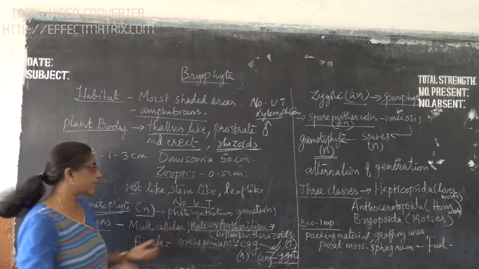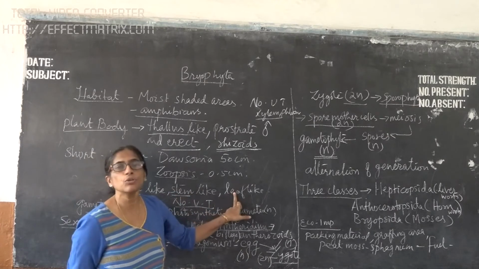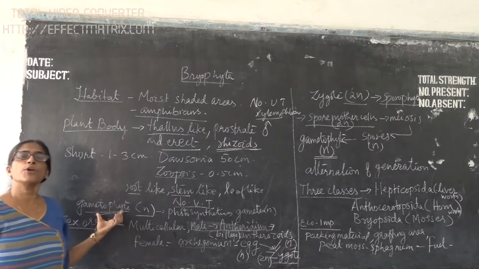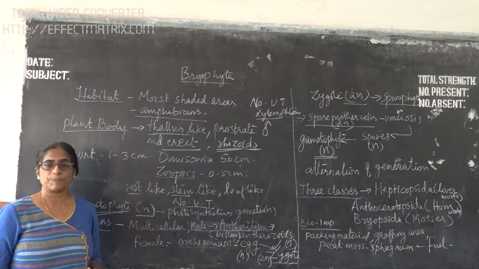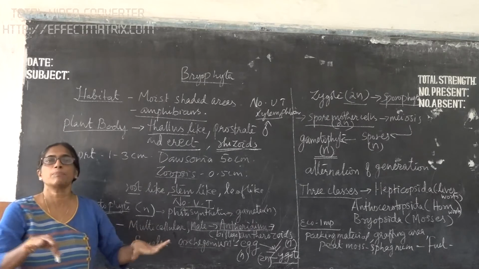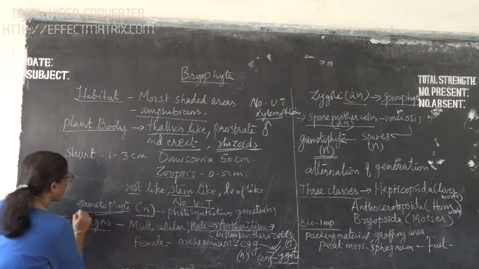These are organs which are similar to root, similar to stem and similar to leaf. Now, the main plant body of this group, the green photosynthetic plant, is the gametophyte.